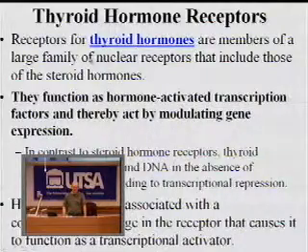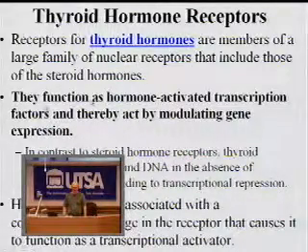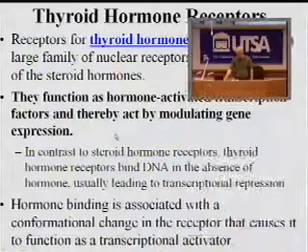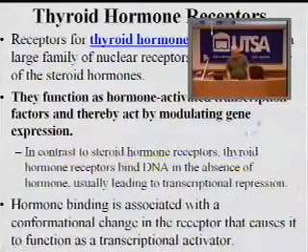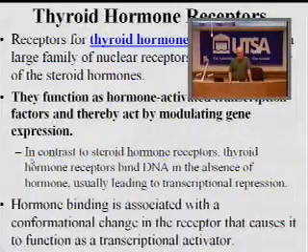Okay. So the receptors for the thyroid hormone are members of a large family of nuclear receptors, as we recall. They function as hormone-activated or ligand-dependent transcription factors and are active by targeting promoter regions on target genes, as we know.